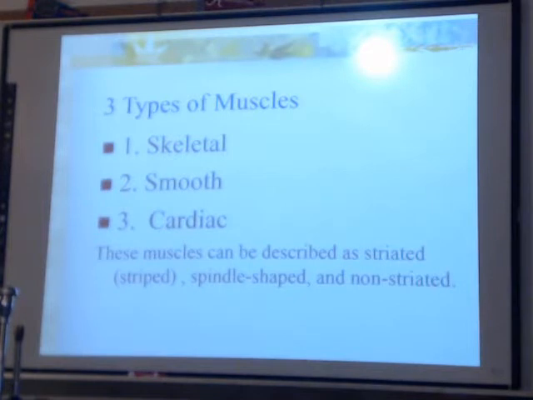The 3 types of muscle are skeletal muscle, and skeletal muscle is attached to your skeletal system. So it's attached to the bones. And it is striated, which means it kind of has lines in it. And it's very tough. Then we have smooth muscle.